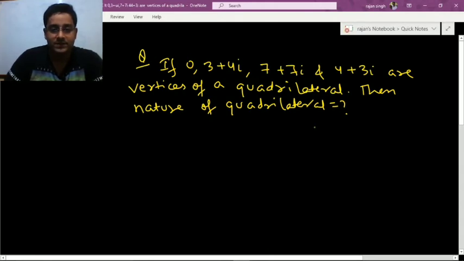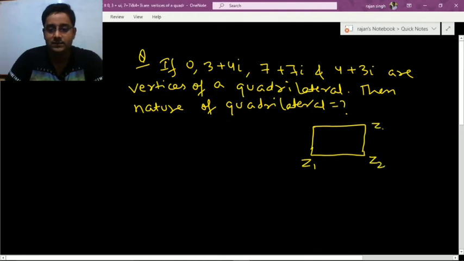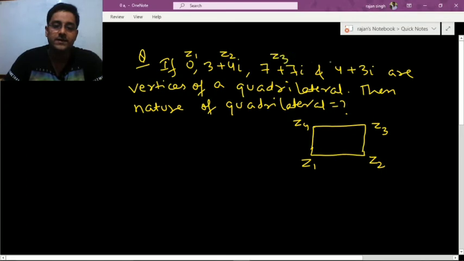Let's say we have any quadrilateral, we don't know what it is. Let's say these are z1, z2, z3, and z4. All 4 points are there. What is the method?